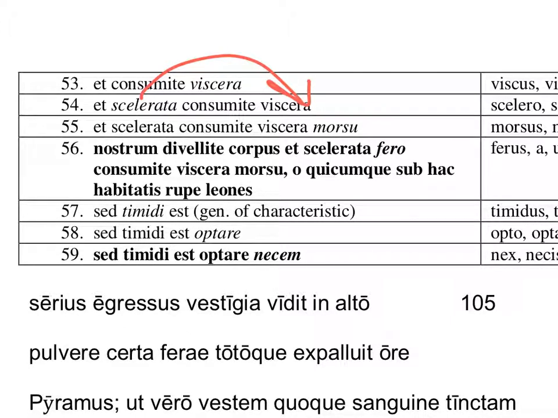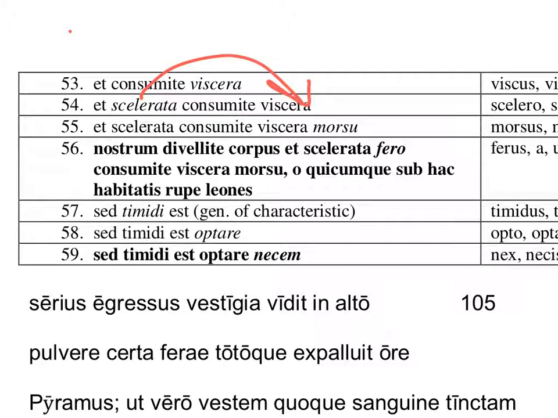Okay, 55. Et scelerata consumita whiskera morsu. Go, Ariel. And consume the entrails having been defiled by a bite. Yes. Oh, and then 56. Let's put it all together. Wait a second.